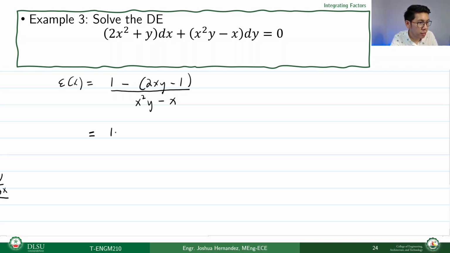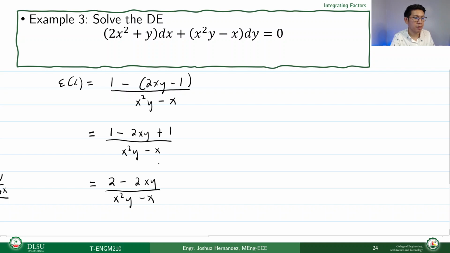We have 1 minus 2xy plus 1 all over x squared y minus x. We can add 1 here, and we're gonna get 2 minus 2xy all over x squared y minus x. Okay?